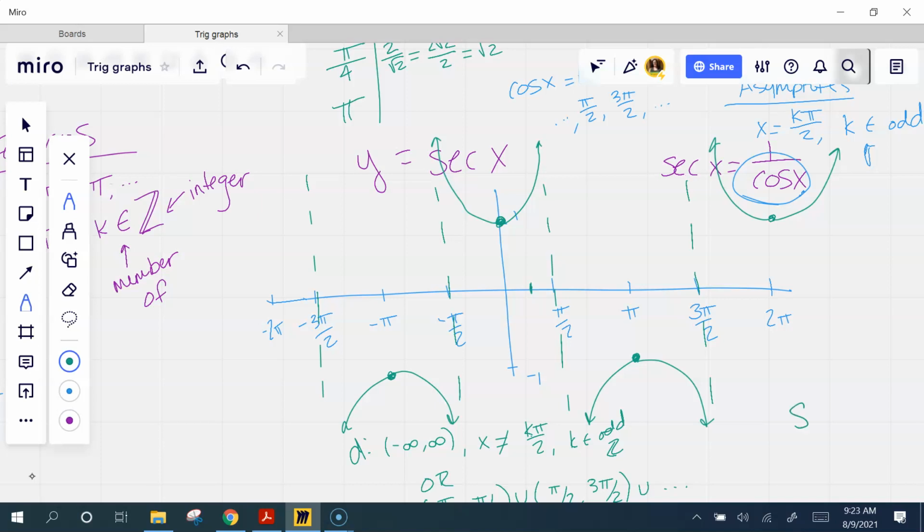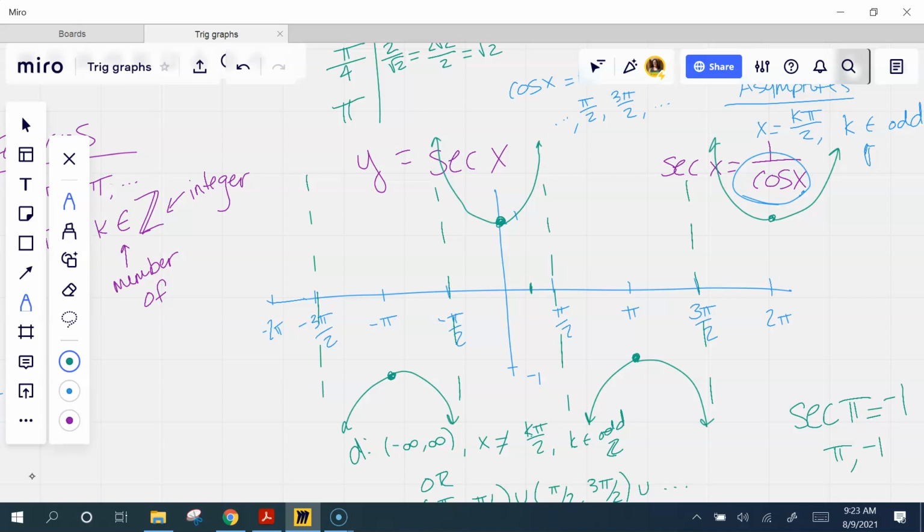So the secant of pi is -1, which is 1 over cosine. So I just plotted the point pi, -1. They're going to hug those asymptotes on both sides. You don't have to do this. I just wanted to show you why.